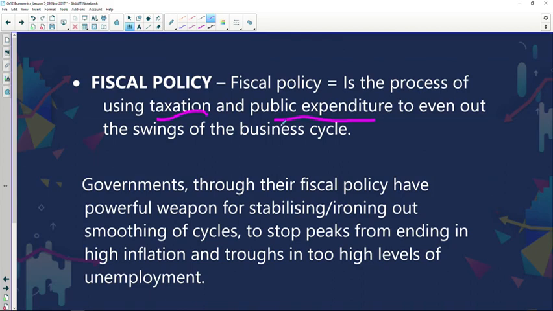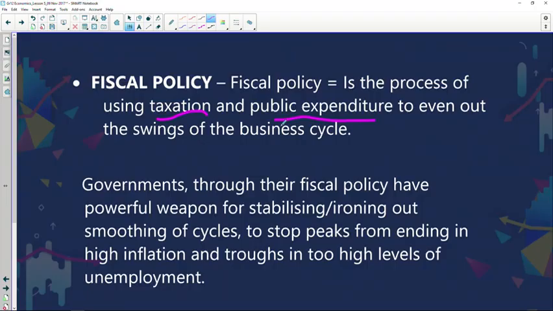So governments, through their fiscal policy, have a powerful weapon for stabilizing, ironing out or smoothing out the business cycles, to stop the peaks from ending in high inflation and the troughs in too high levels of unemployment.